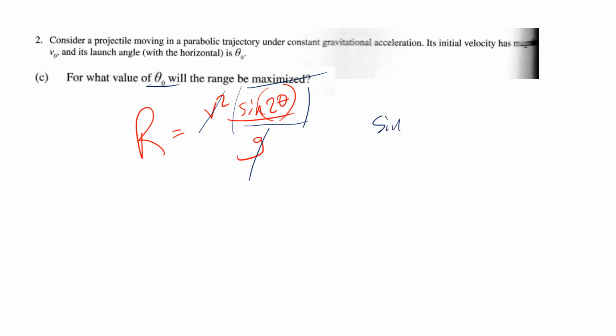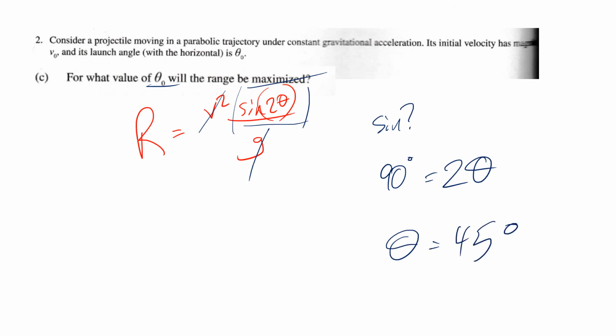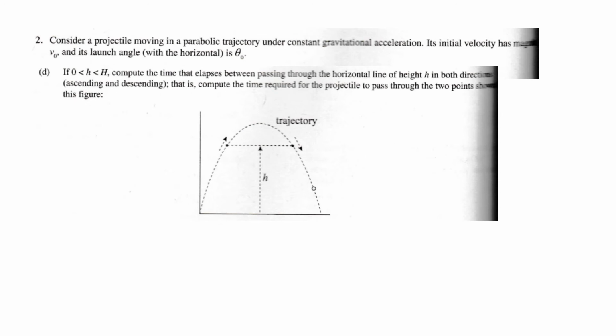When will sine be at its maximum? Well, sine will be at its maximum when you have sine of 90 degrees. So 90 degrees has to equal 2 theta, so theta is equal to 45 degrees. Yes, that is it. It won't always be true if you're on a ledge, but when you're shooting from ground level to ground level, 45 is the best.